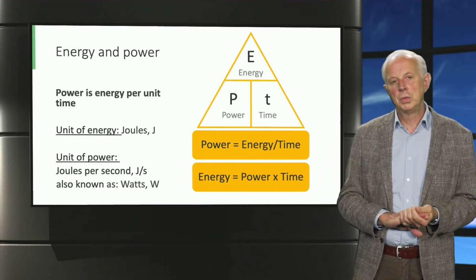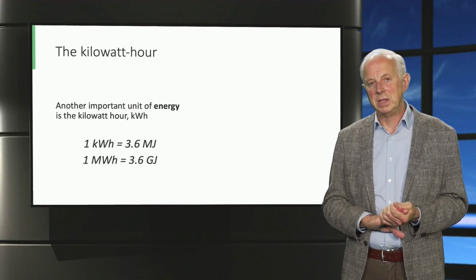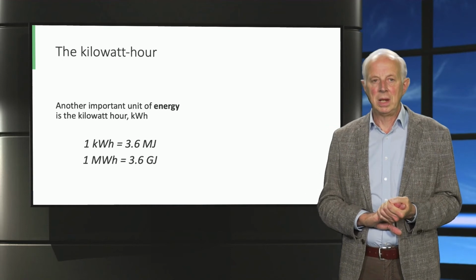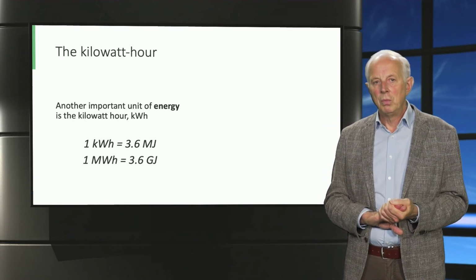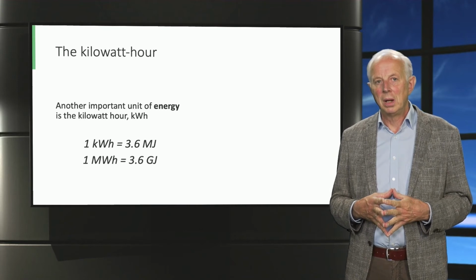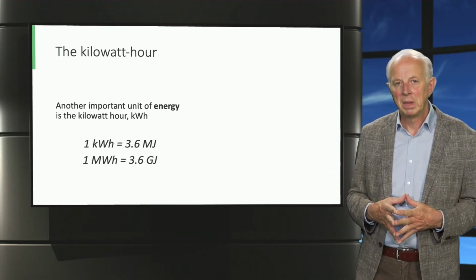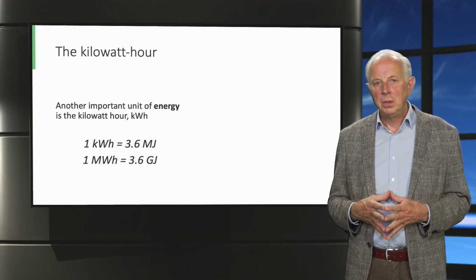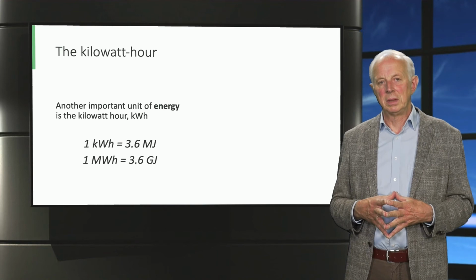Let me now introduce another well-known unit of energy, and that is the kilowatt hour. As we saw in the last slide, if you use 1 watt of power, this means you use 1 joule per second. If you use 1 kilowatt, which is 1000 watts, then you are using 1000 joules per second.